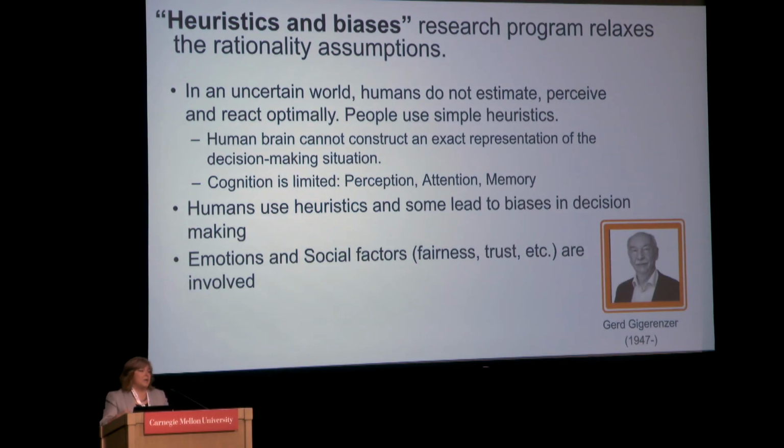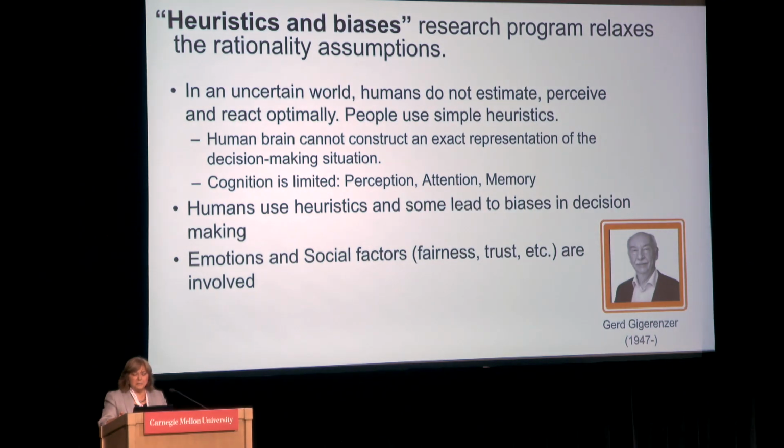So another perspective to this idea is the Heuristics and Biases program, led by Kahneman and Tversky, but also in a different way by Gigerenzer, where the idea was to make it more ecological. That is, the rules or the heuristics that humans use in making decisions depend on the environment that humans confront.